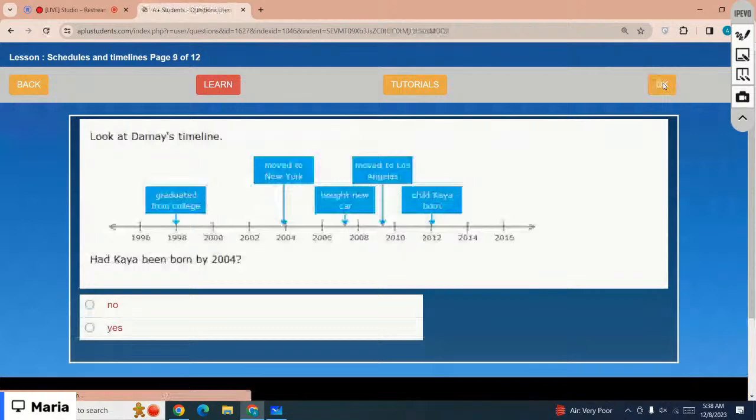Look at Drenny's timeline. Had Kaya been born by 2004? Which is the correct option?